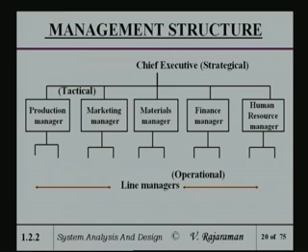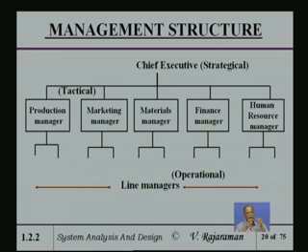Some places call them vice presidents, some of them call them general manager or whatever it is. The names differ, but by and large they are in charge of their entire function, namely production or marketing or materials or finance or human resource. So, each of them takes tactical decisions about their own areas, whereas the chief executive takes strategic decisions.